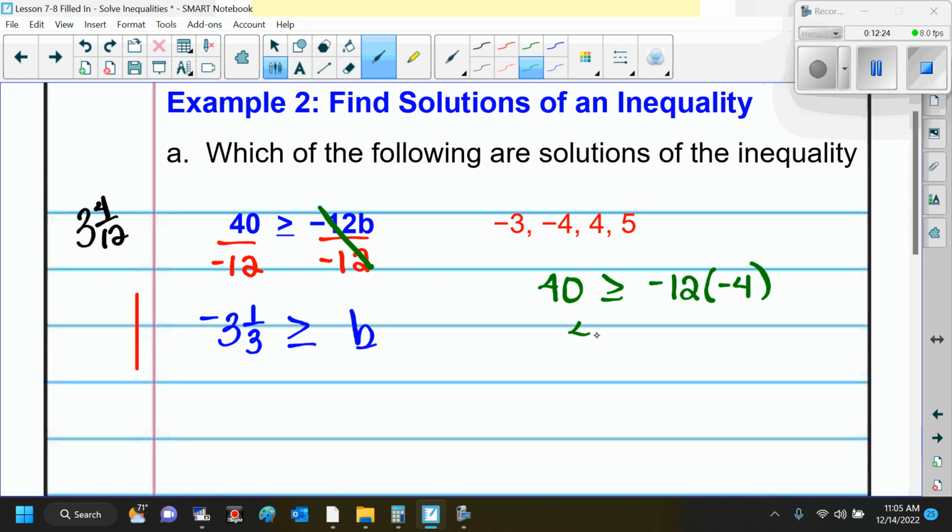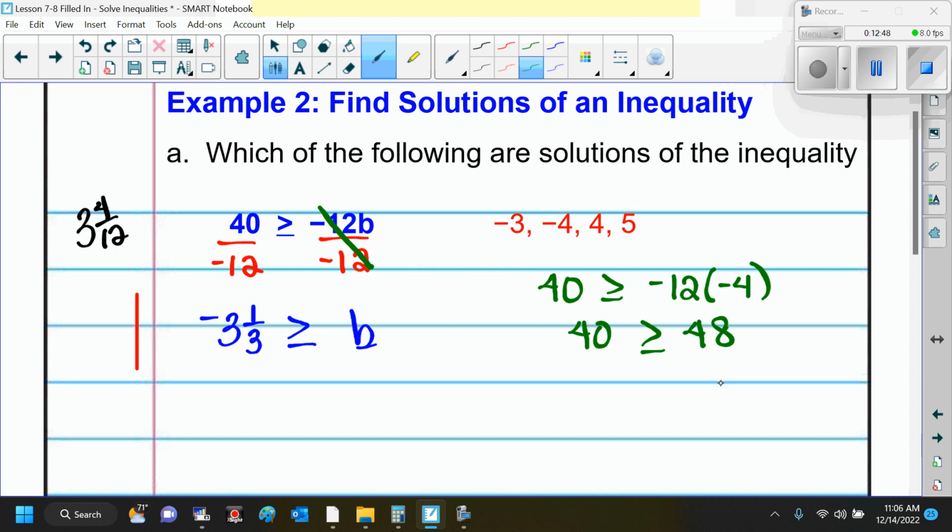So this says 40 is greater than or equal to, what's negative times a negative? And this is going to be a positive 48. Is that true? No, that is not true. How do I make 40 is greater than or equal to 48 a true statement?